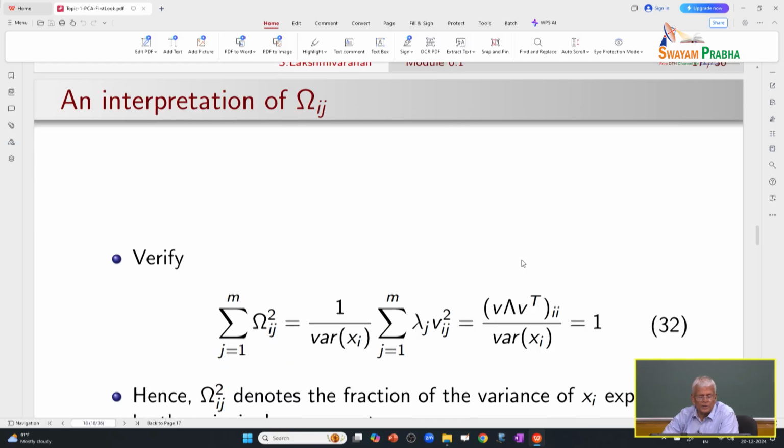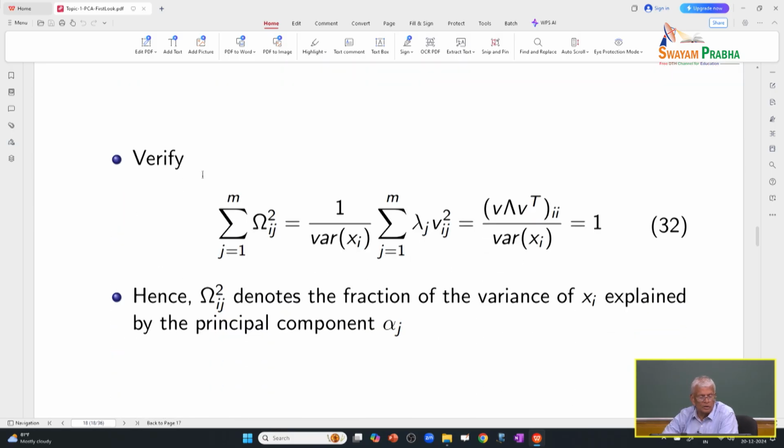And what is the interpretation of rho ij? The summation of rho ij square, I am going to substitute for each rho ij from the previous one. So the bottom is the denominator of variance of Xi. So lambda j Vij square, summation is over j. This is equal to V lambda V transpose ii divided by variance of Xi.